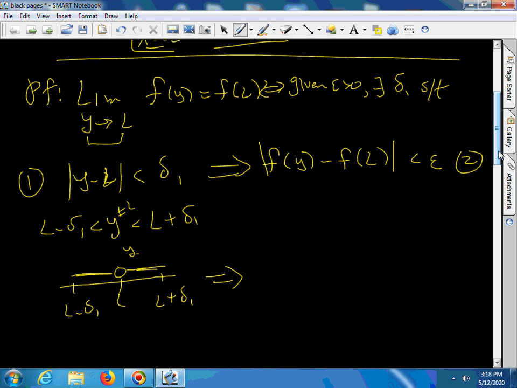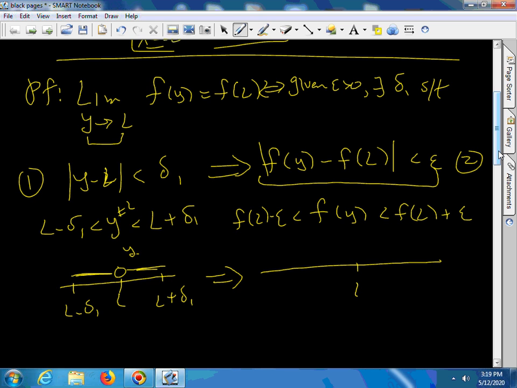But that implies that f of y is in between f of L minus epsilon and f of L plus epsilon. So here's my f of L, here's my f of L minus epsilon, and here is my f of L plus epsilon. And f of y can live in between here.